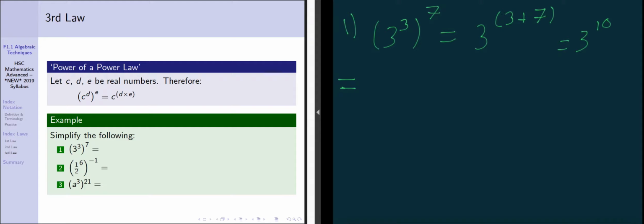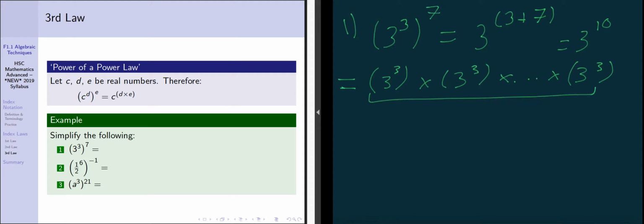So here we have packets of 3 cubed being multiplied by itself. I'm going to run out of room, but packets of 3 cubed multiplied over 7 times. And those 3 cubes themselves are 3 multiplied by itself 3 times. So of course it's just logical.